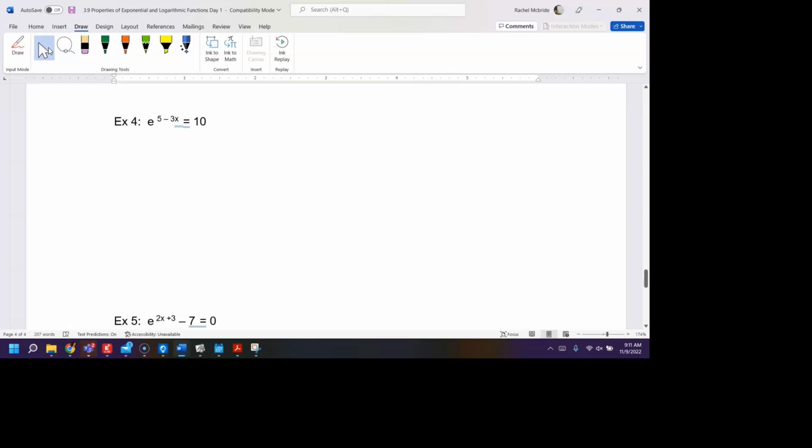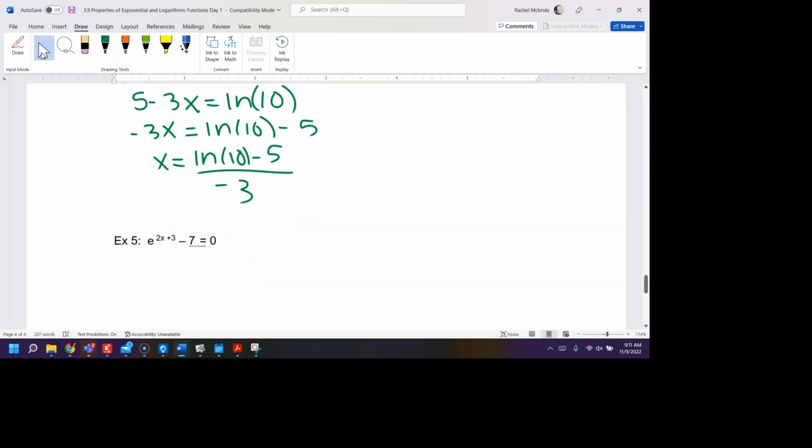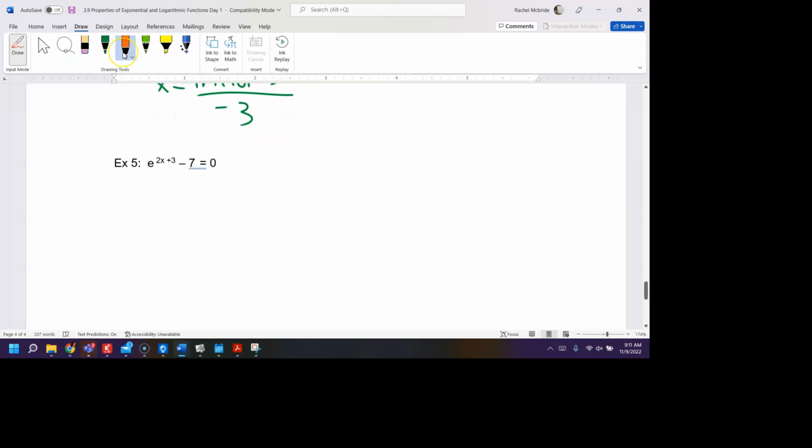And then if you have an e and you want to isolate the x, how do you do that? You can't ln until you move the 7.